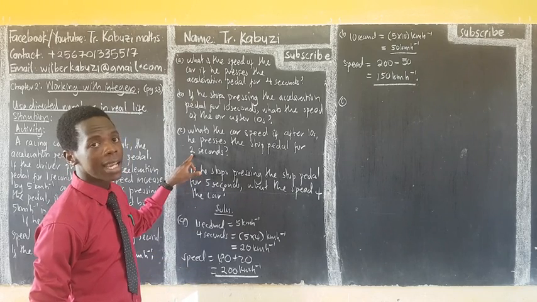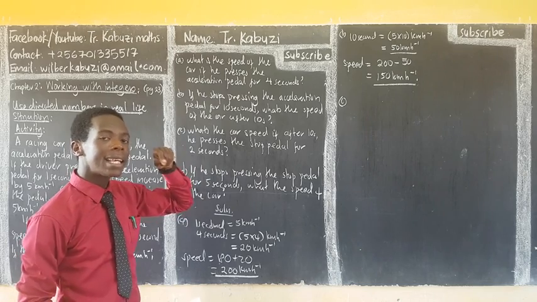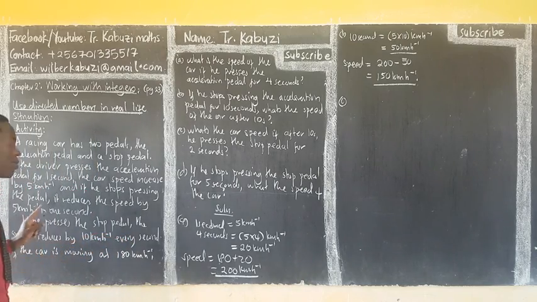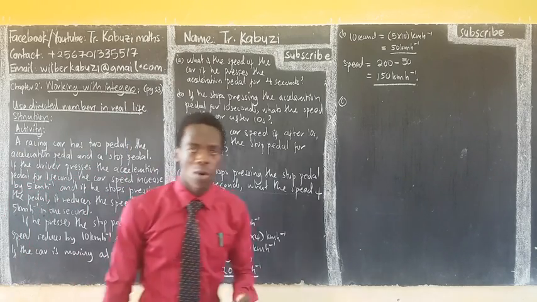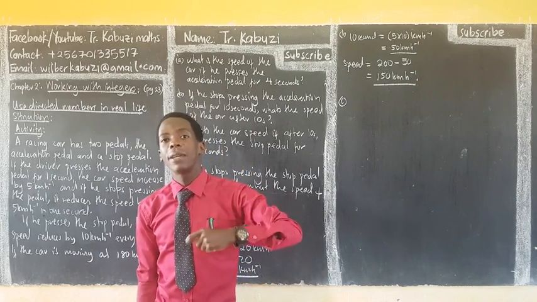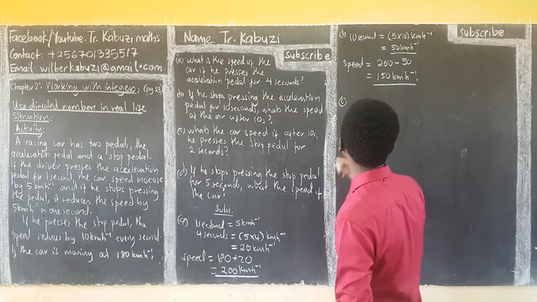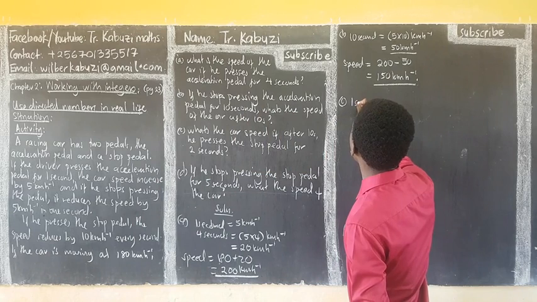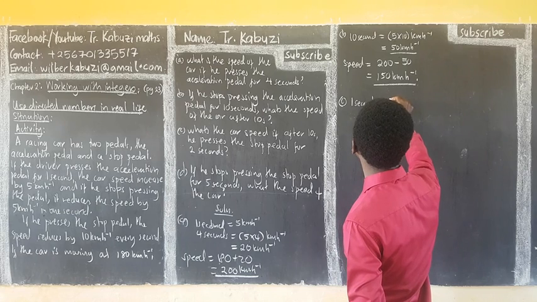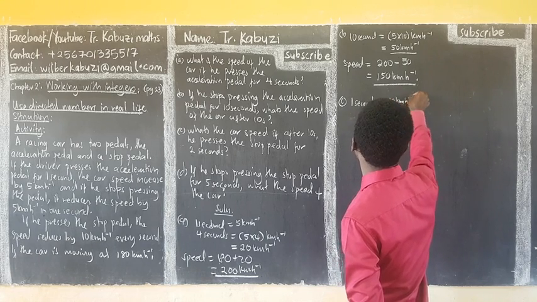So after 2 seconds, now we don't know, because it is pressing the stop pedal. But they told us that when you press the stop pedal, the speed reduces by 10. So 1 second is equal to 10 kilometers per hour.